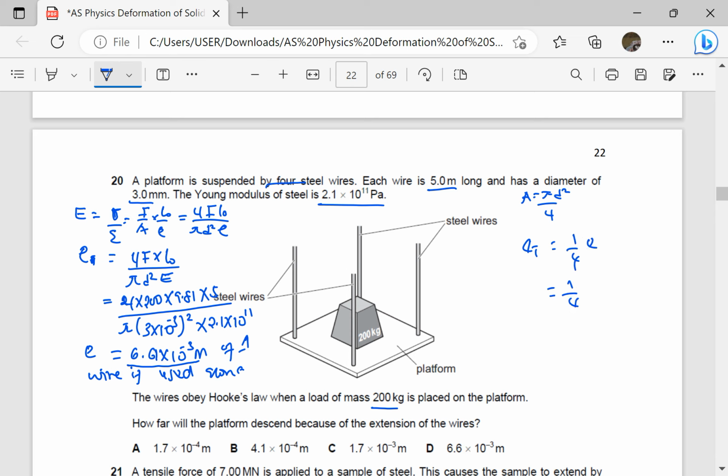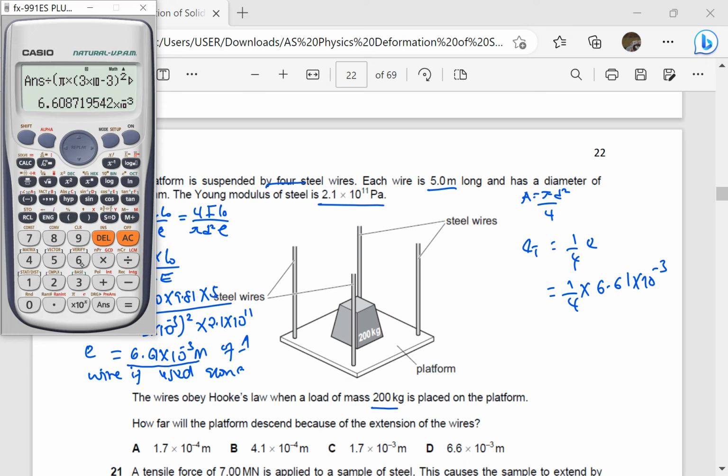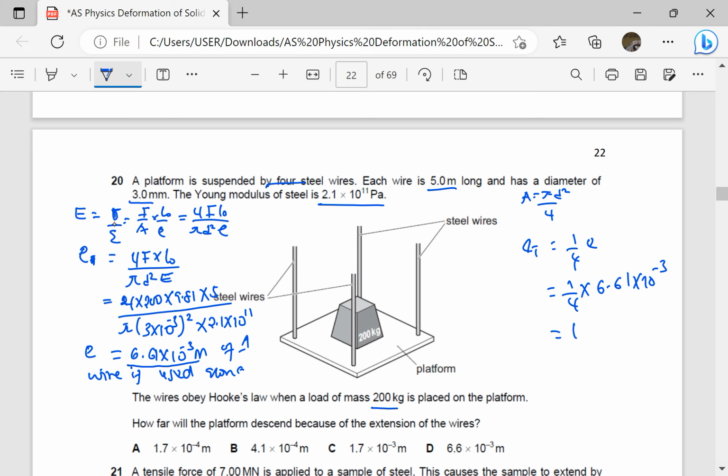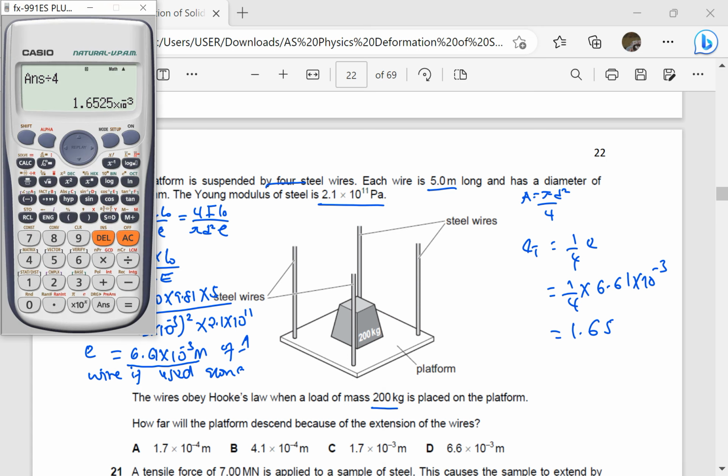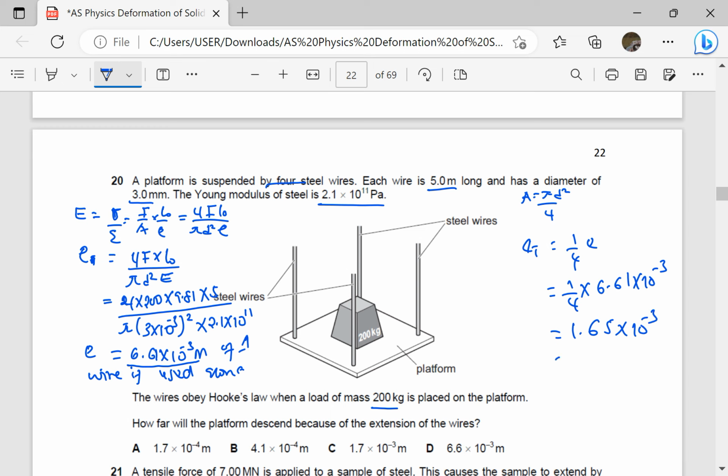So this is going to be 1/4 times 6.61 times 10 power negative 3, which gives us 1.6525 times 10 power negative 3, which is approximately 1.7 times 10 power negative 3 meters.